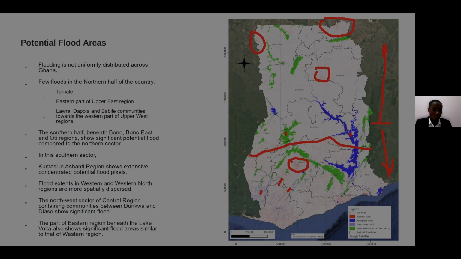Now to Greater Accra, we can see that on the western half of Greater Accra, the areas that sit beneath the white tail of the mountain that we saw, and the areas around the Weija Dam, have higher concentrated flood as compared to the eastern half of Greater Accra region.